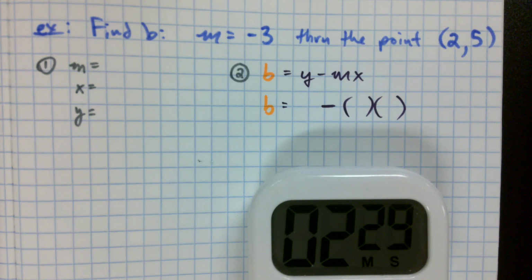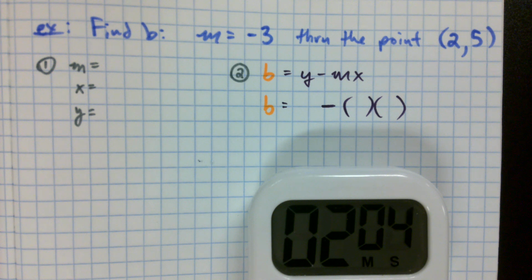-3, 2, 5. There you go. Yep, 5 goes front. Close. What happens when we see 2 minus this? Take a plus, right? Yeah, they make one big plus. Good. M is -3. What's your x going to be?